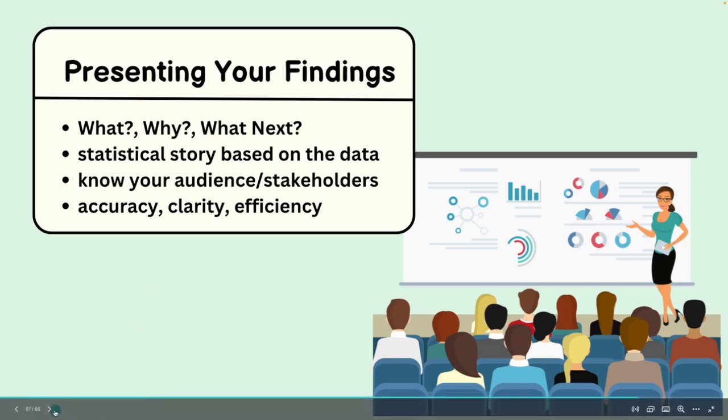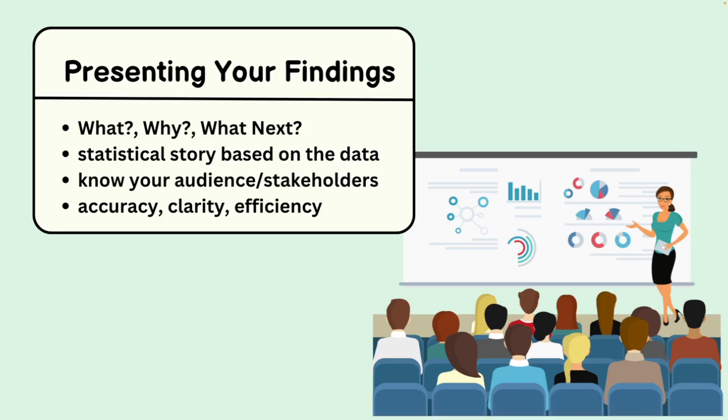And that's what is important when it comes to reporting these findings. Of course, what you're going to share in a presentation will be different from what you will share if you are publishing in a scientific journal.